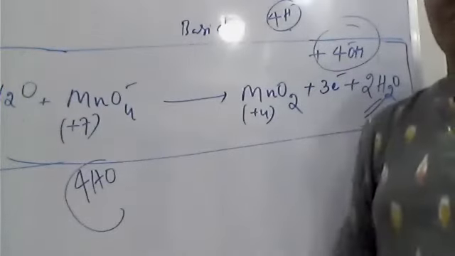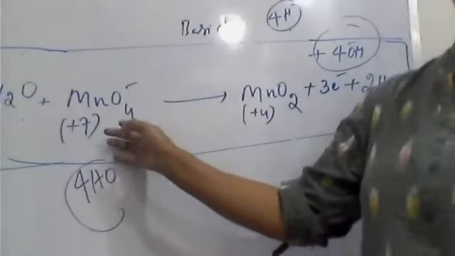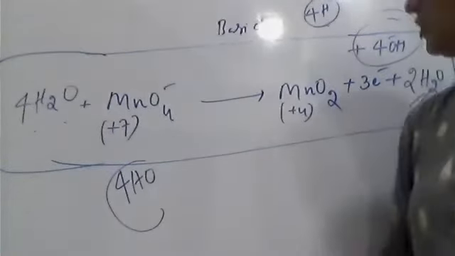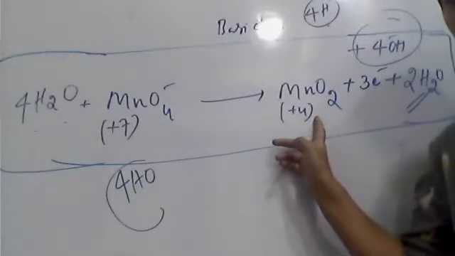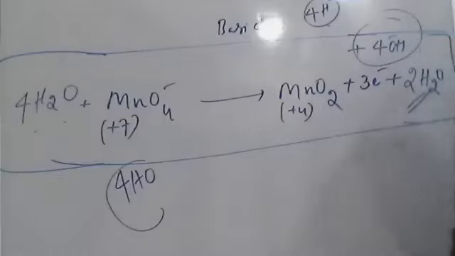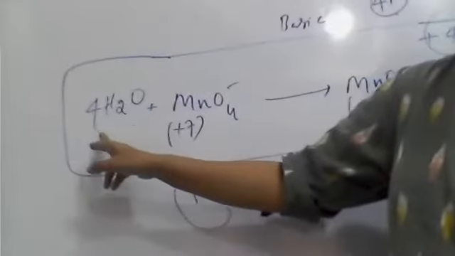So in this reaction, how many moles of permanganate? 1 mole. Every 1 molecule is 1 mole. How many moles of MnO2? 1 mole. And next, see here, you can balance it. Before the arrow mark, the water molecules are 4.